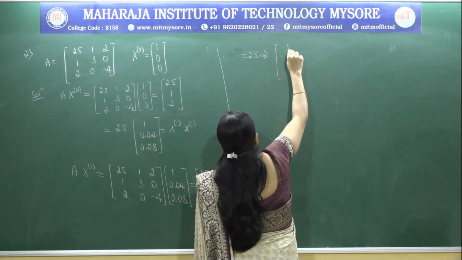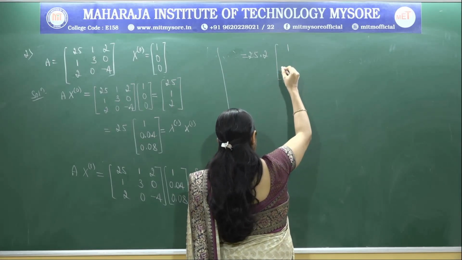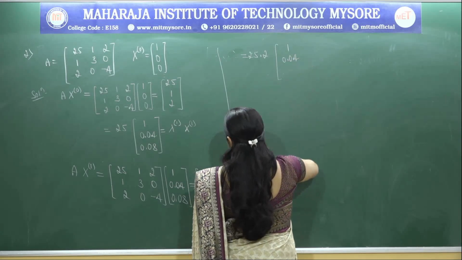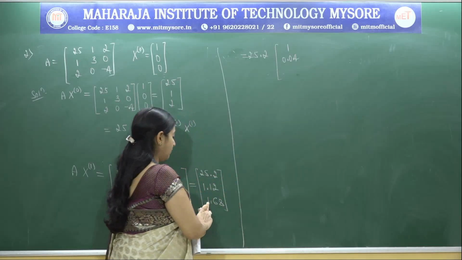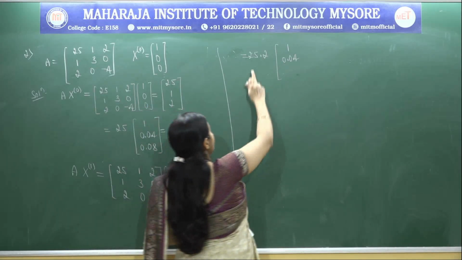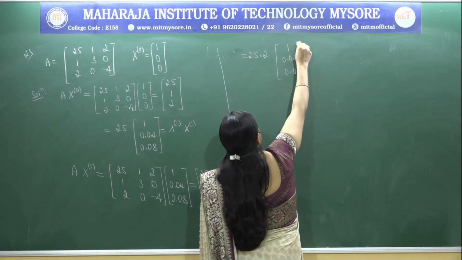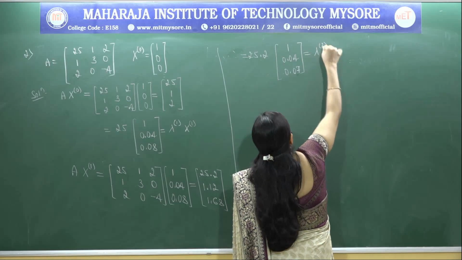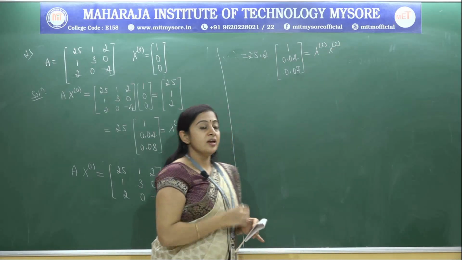So the first one you will get 1, second one 0.04, that is 1.12 divided by 25.2. Third one 1.68 divided by 25.2, you will get 0.07. So this equals lambda of 2 and the second iteration matrix.